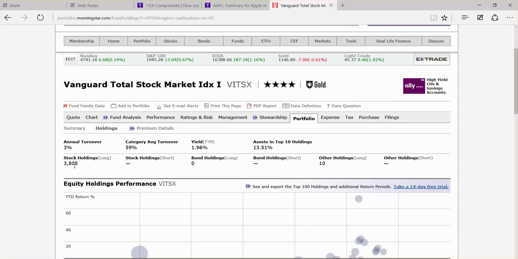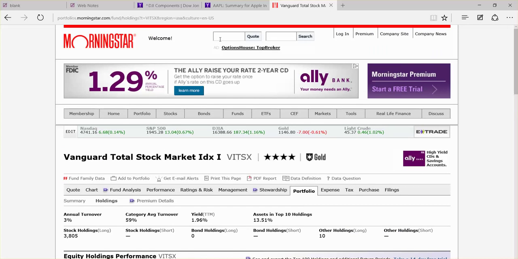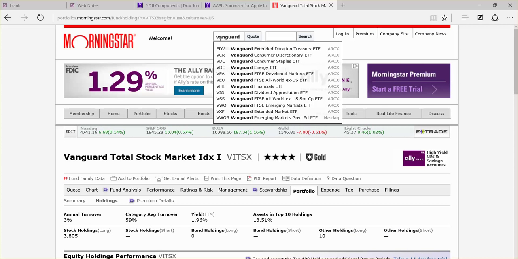Again, I don't think it's completely as diversified as I'd like it to be, but still, with just this one fund, you've got indirect ownership in almost 4,000 different companies. So now let's go look at that bond fund.